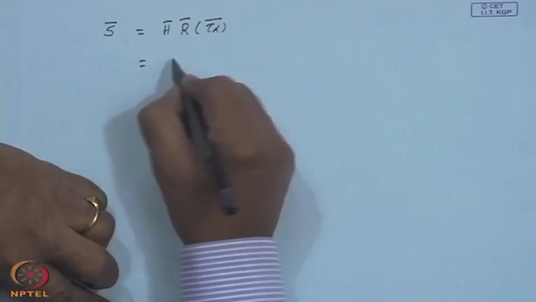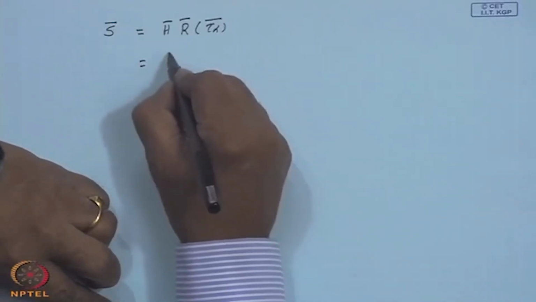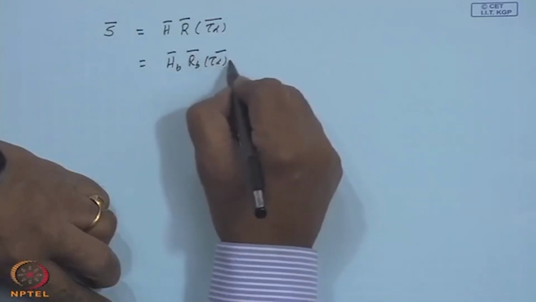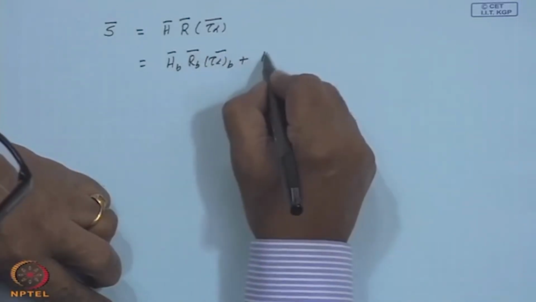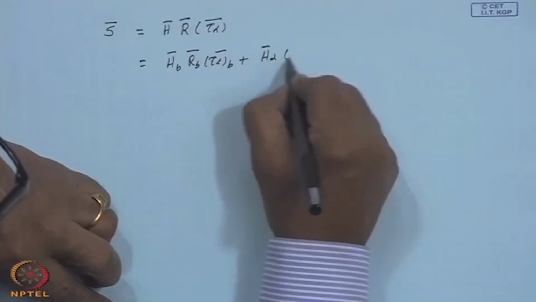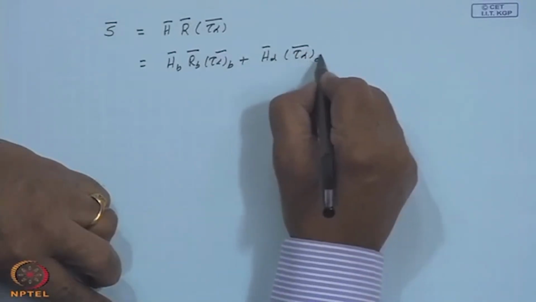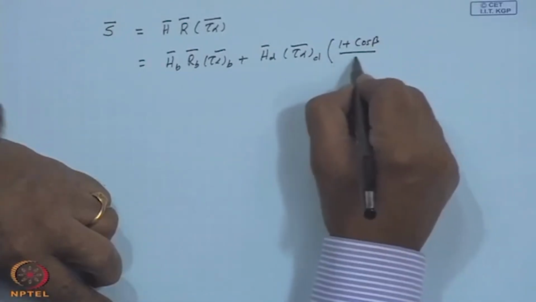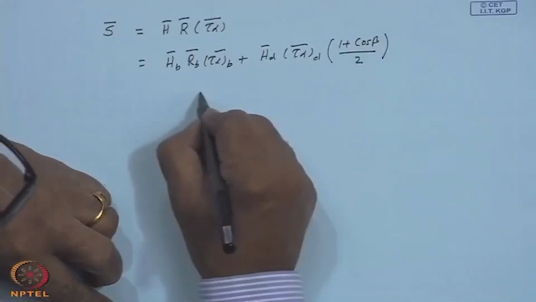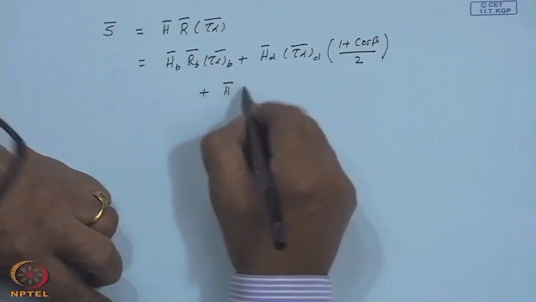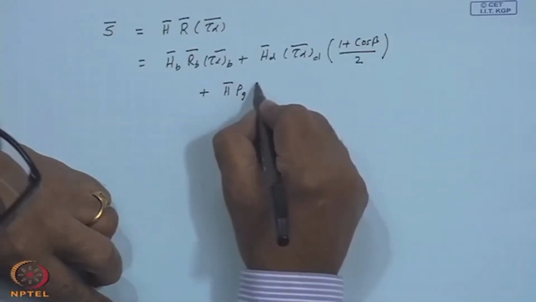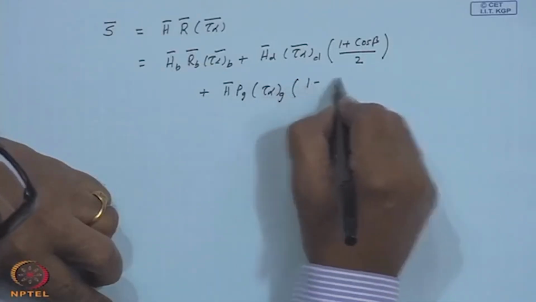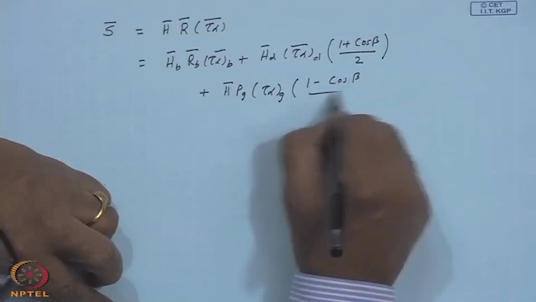So this should be equal to the beam component H B bar R B bar tau alpha bar B plus the diffuse component H D bar times tau alpha bar D times 1 plus cos beta by 2 plus H bar into ground reflectivity into tau alpha bar for the ground reflected radiation times 1 minus cos beta by 2.